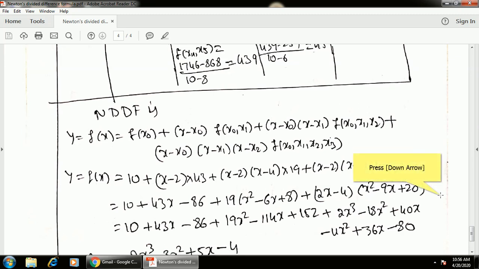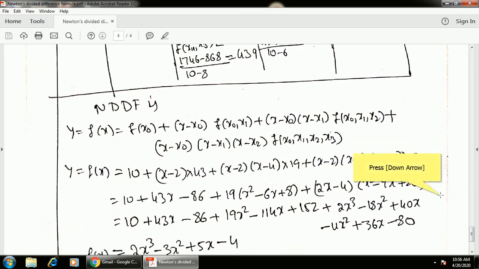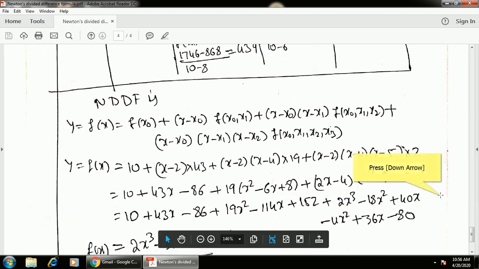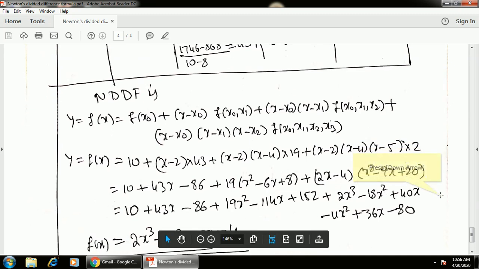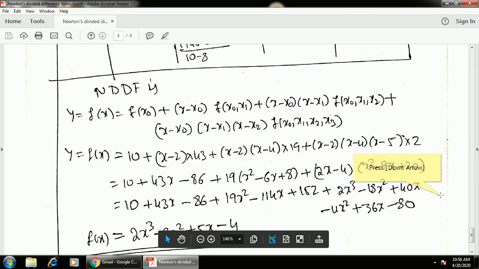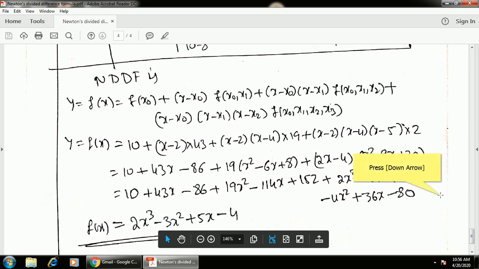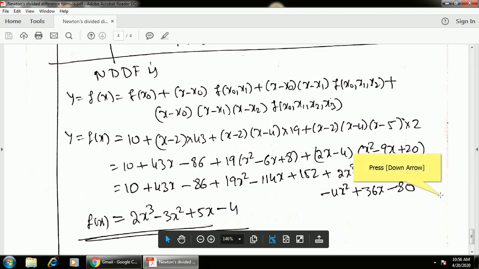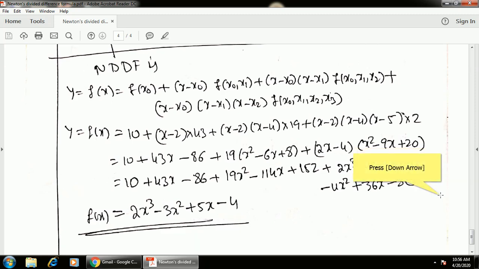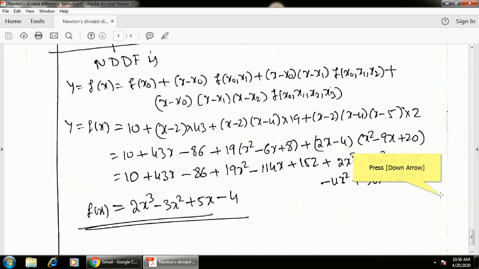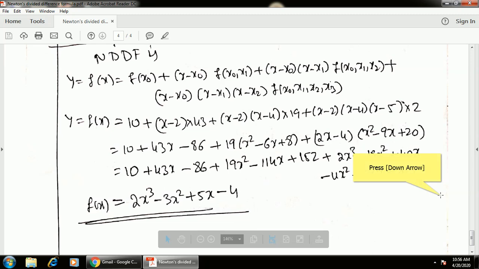Substitute the values, but here we need to find out the polynomial. So x remains as x only. x minus x0 means x minus the x0 value, just substituting.